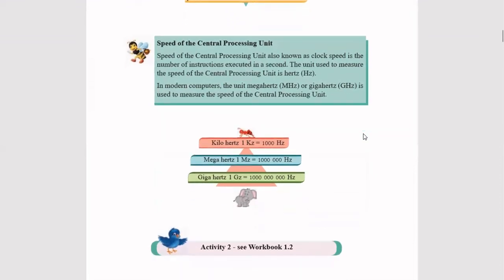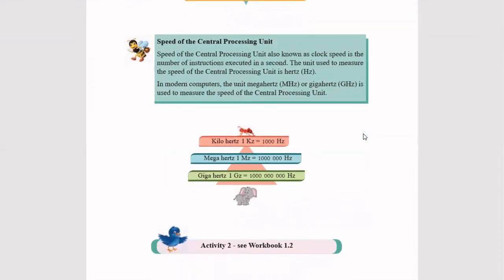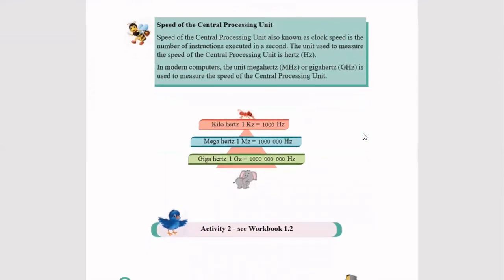So the speed of the central processing unit, we call that clock speed also. So if you heard about clock speed in a computer, that means the speed of the central processing unit. That means how many instructions have been executed in a second. So that is how we measure the speed, right?